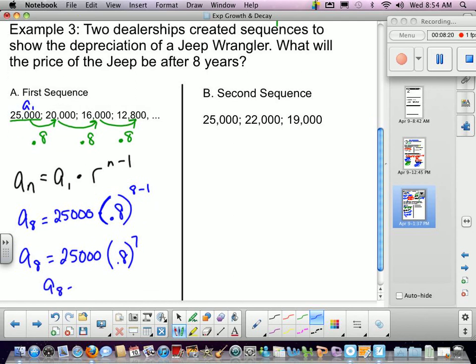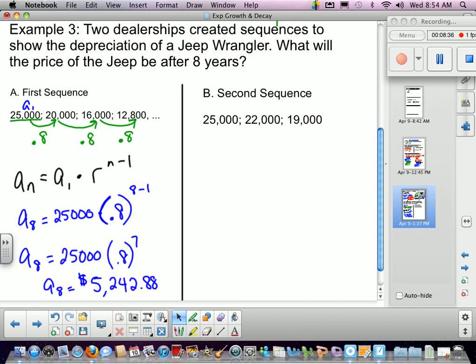So a sub 8 in this case would end up being $5,242.88.